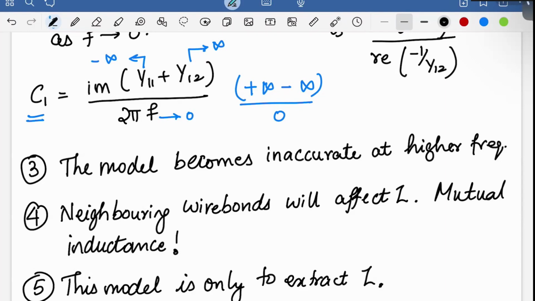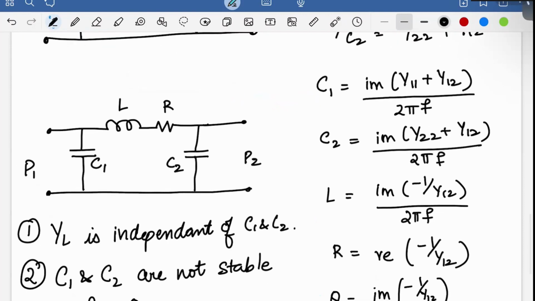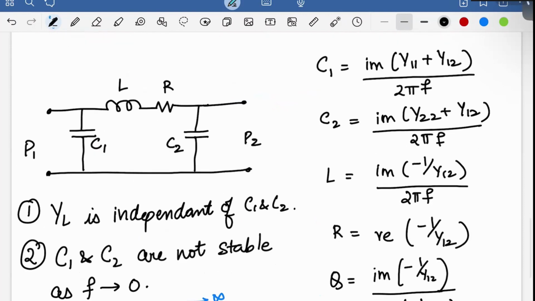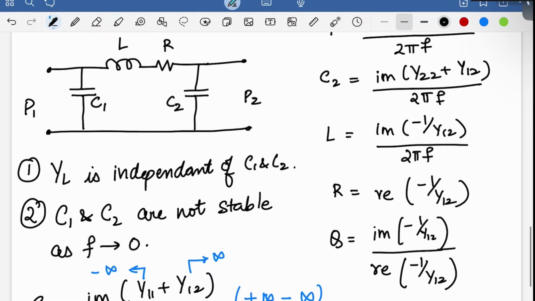So you just want to extract this inductance, and that's why we are going to build a specific circuit for that. Okay, so we'll see that in simulation. Okay, so with that in mind, we have everything that we need. We know what kind of circuit model we want to use, how to extract the inductance from the Y parameters, and also how to extract the capacitances using a slightly modified version of this. So let's jump into HFSS now and take a look at how to do this.